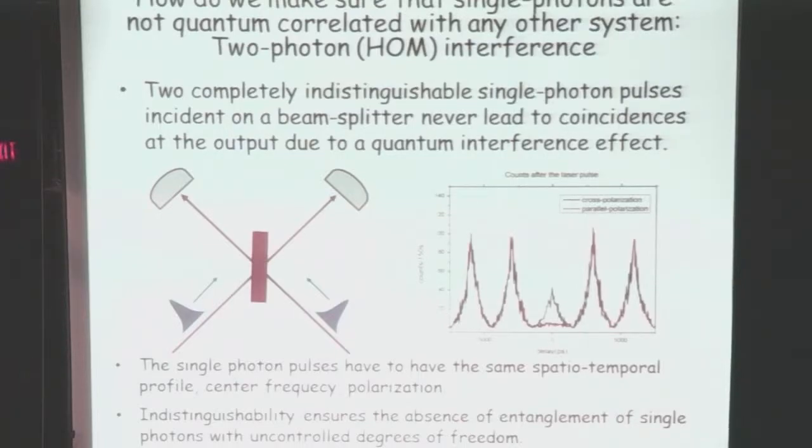And if we render the polarizations identical, this center peak becomes about 10% of what it was otherwise. So in that sense, there is a high degree of indistinguishability between photons, which is another essential element if you want to erase the which-path information in the system.